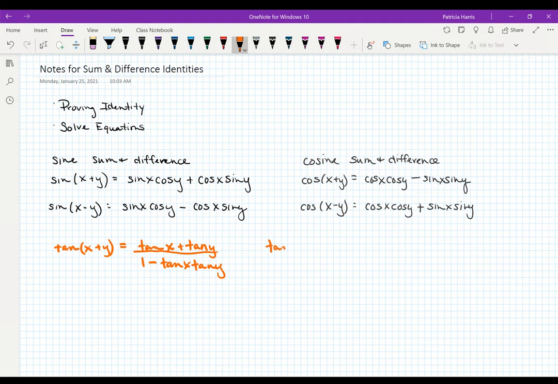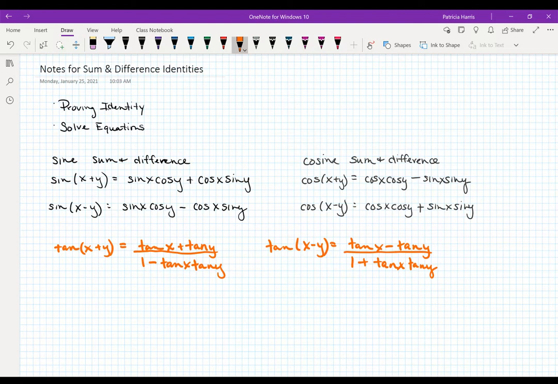Now, notice how they almost look exactly the same, except for the signs. When you have a minus sign, you have minus on the top, plus on the bottom. We have a plus sign, plus on the top, minus on the bottom.